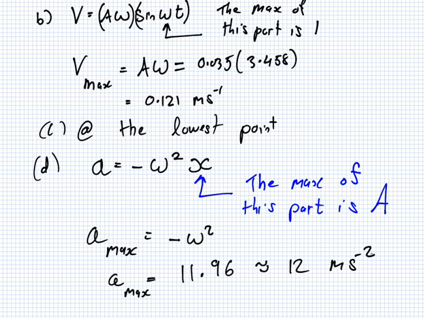Why is it just minus omega squared? Oh, sorry, you're right, I'm being stupid. I forgot to put the A in here. So when I multiply this by A as well, the maximum will be 0.419 meters per second squared.